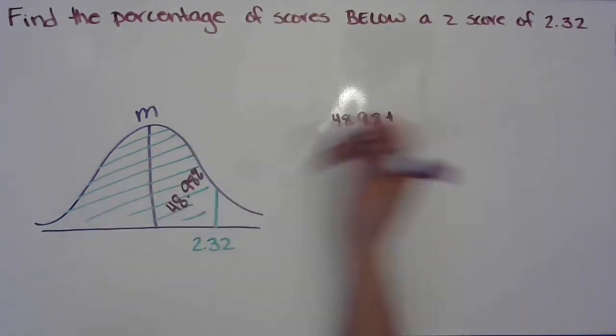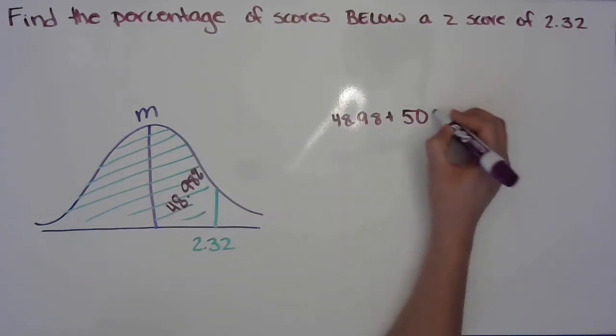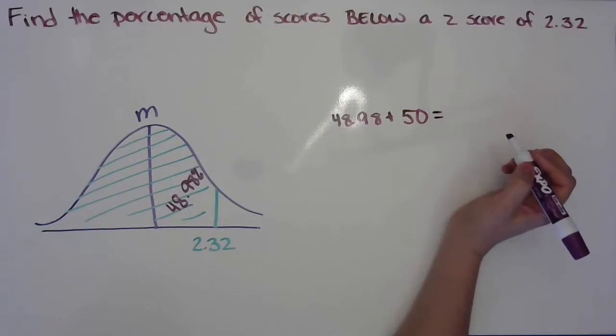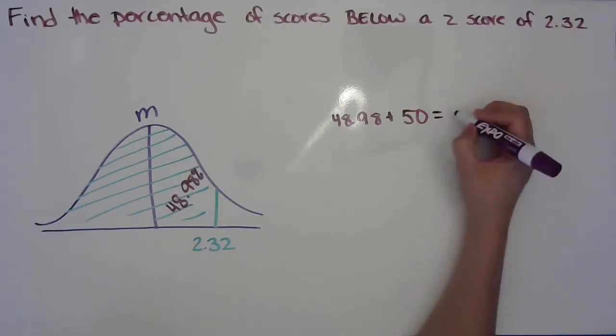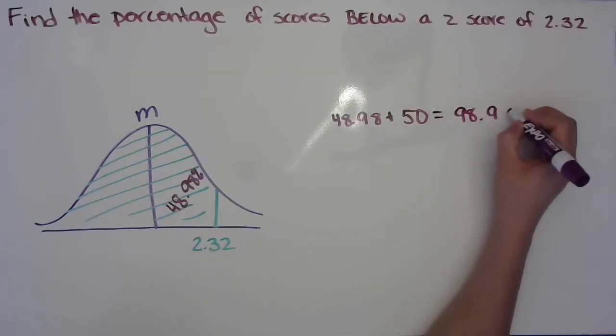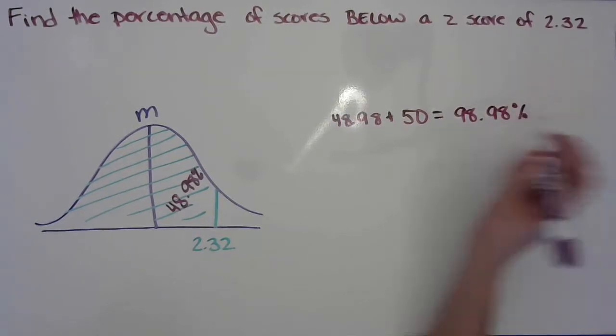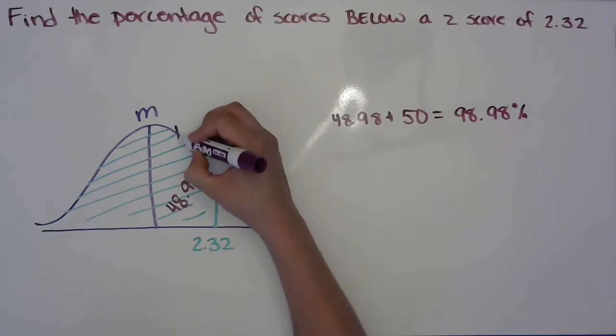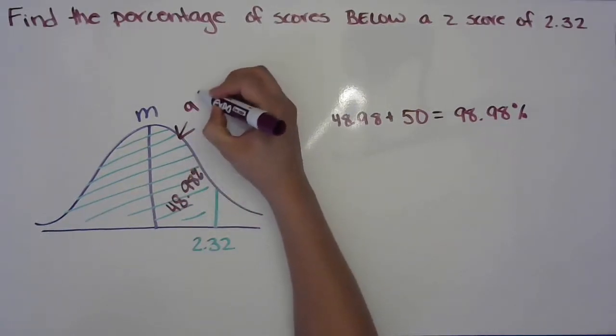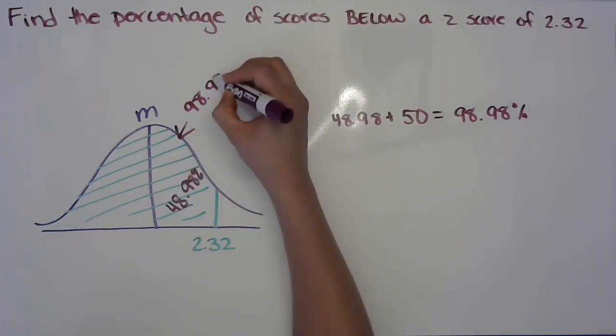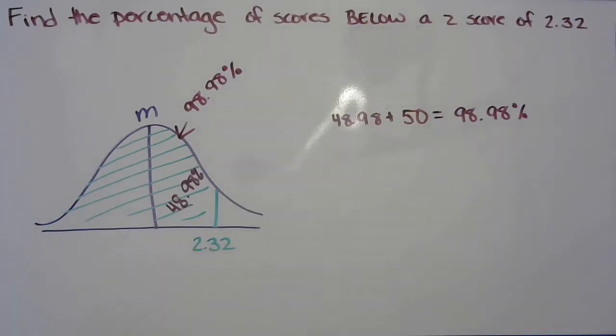So that is 50. So when we add 48.98 to 50, that gives us 98.98. And then we label 98.98%. Easy.